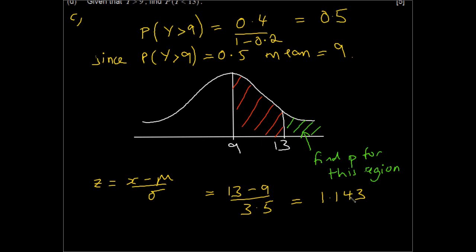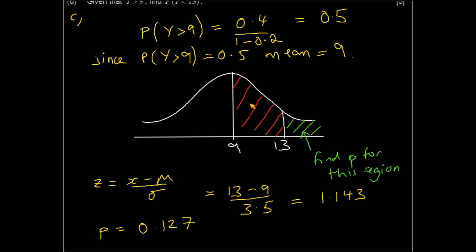I can then look up that z value and find the corresponding probability. So again, you can use your graphical calculator to turn z value into probability. So the probability for that is therefore going to be 0.127.